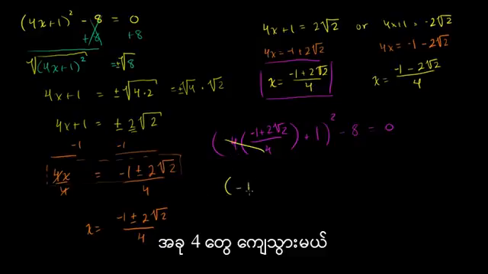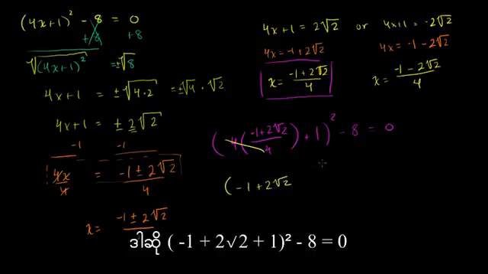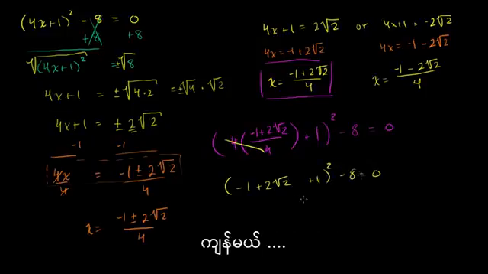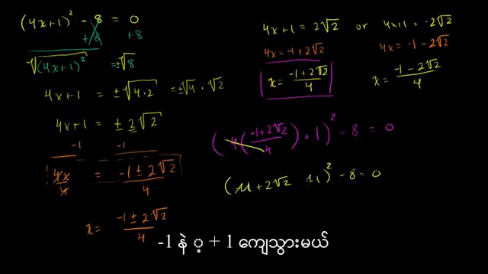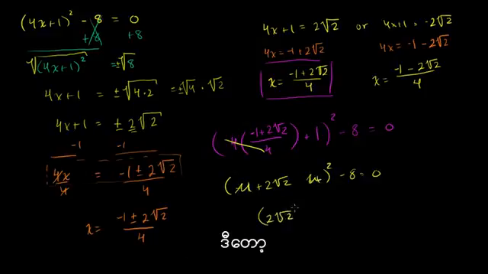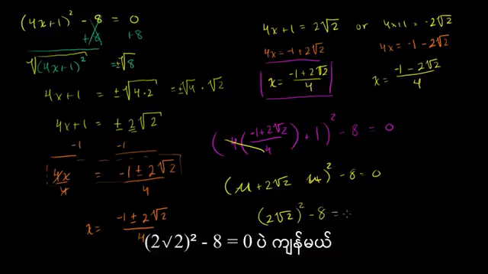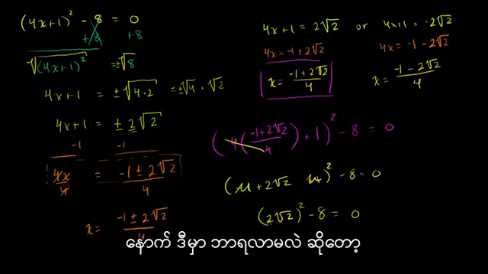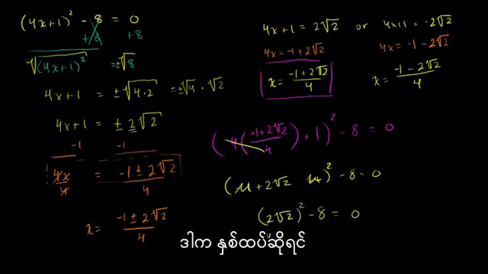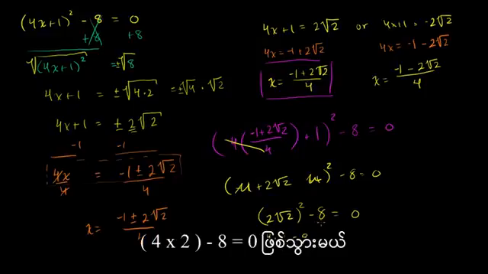So you're left with negative 1 plus 2 roots 2 plus 1 squared minus 8 is equal to 0. This negative 1 and this positive 1 cancel out. So you're left with 2 roots of 2 squared minus 8 is equal to 0. And then what are you going to have here? When you square this, you get 4 times 2 minus 8 is equal to 0, which is true.